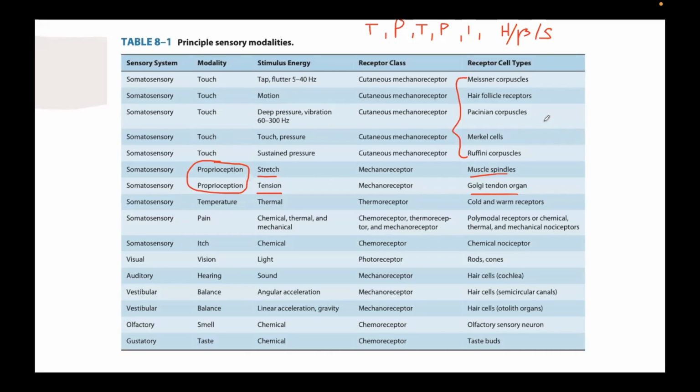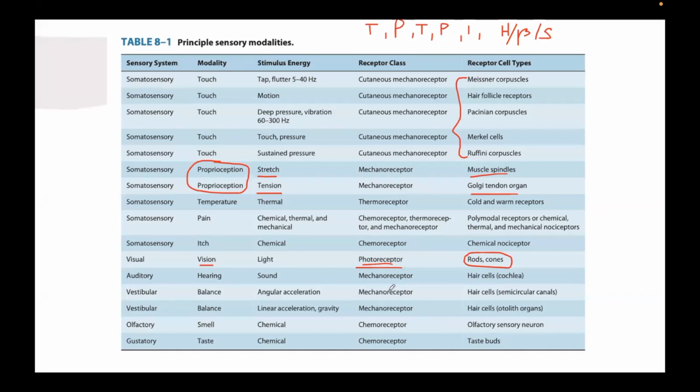We have Meissner's, Merkel, hair follicle receptors, Pacinian, Ruffini. Please take note of that. Now for vision, which I failed to mention earlier, this is where you have your photoreceptors, which is unique. This is of the rods and the cones.